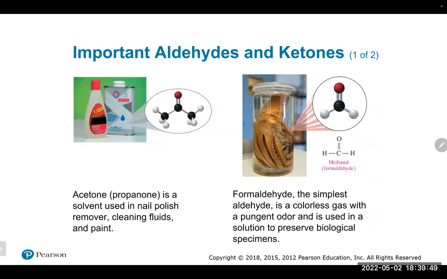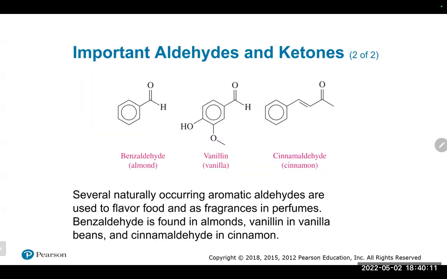Some important aldehydes and ketones: acetone, which is propanone, is a solvent used in nail polish remover. Formaldehyde, as we talked about, which is methanal, is used to preserve things like in biology. Not sure what they got in there. It looks almost like a squid. Some other important aldehydes and ketones.